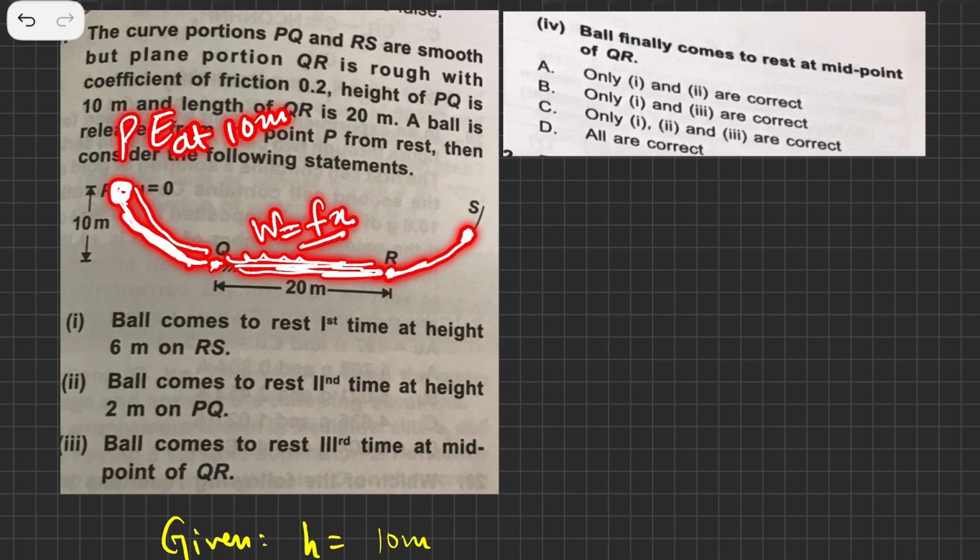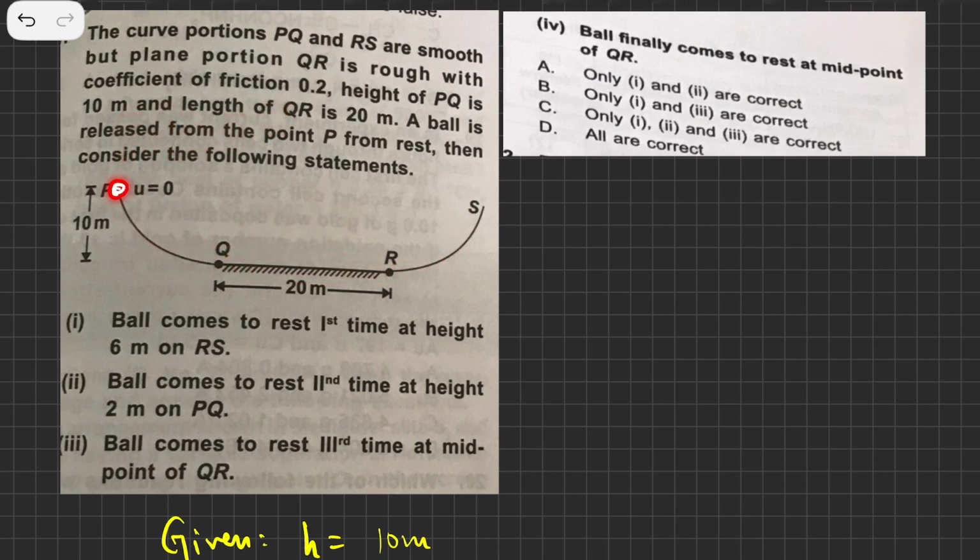Some amount of energy is gone in doing work against friction. So the potential energy at this point is equal to the potential energy at this point, because at both positions the kinetic energy would be 0. It is going to stop here, it was halted here. So potential energy at 10 meters height is equal to potential energy at 6 meters height.